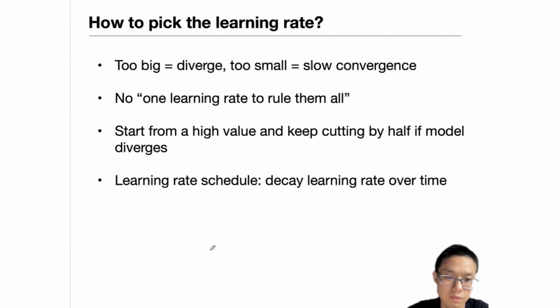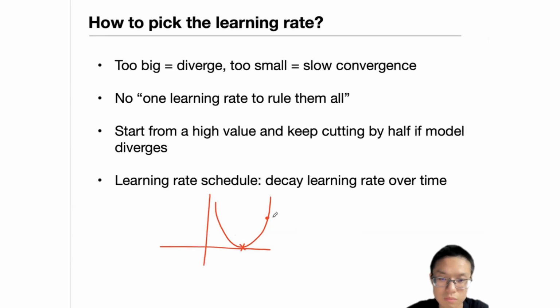What does this mean? Let's consider you have a loss curve that may look like this. When you do the optimization, this is our goal: we want to reach this local minima, or in this case, the global minima. So we want a proper learning rate.